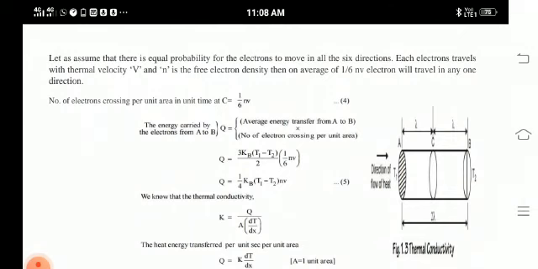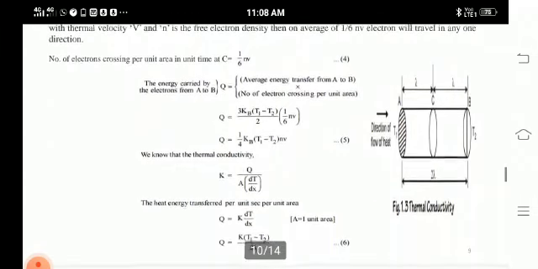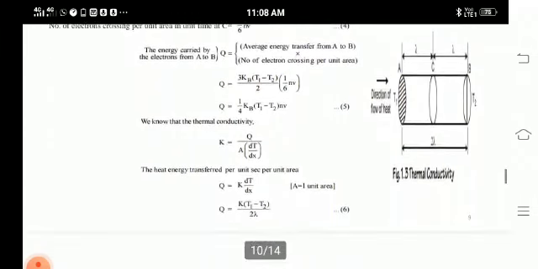Now, as we know, the thermal conductivity expression states K is equal to Q divided by A into dT by dx. We have found the value for Q, so we substitute the values in the above equation. The heat transferred per unit area per unit time, Q, is equal to K into dT by dx.